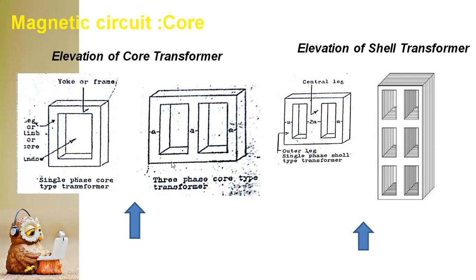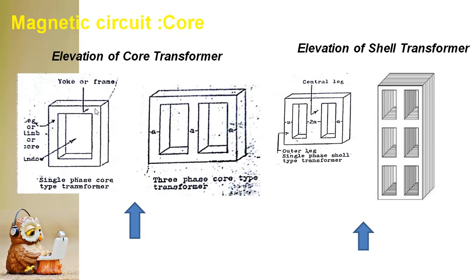Now let us go into detail about the magnetic circuit. These two figures represent a single phase core type and a three phase core type transformer. This is your magnetic frame, or what we call the core.